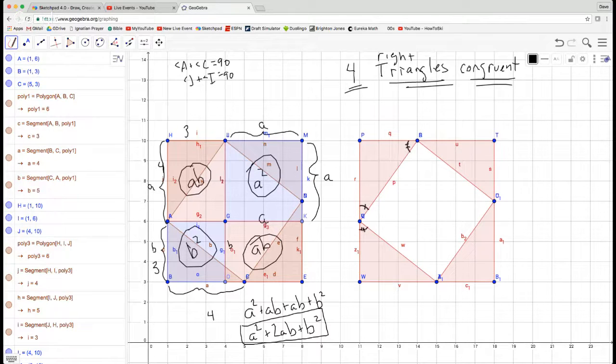Well, this angle is the same as this angle, so this angle plus this angle is 90. Well, if this plus this is 90, and this whole angle here is 180, then this must be a right angle. That must be a right angle.